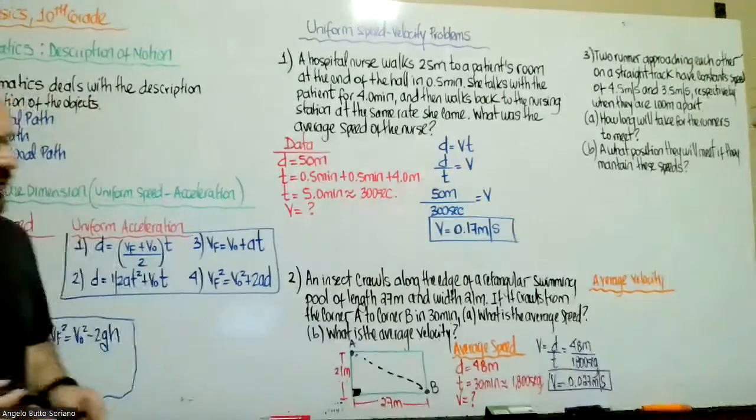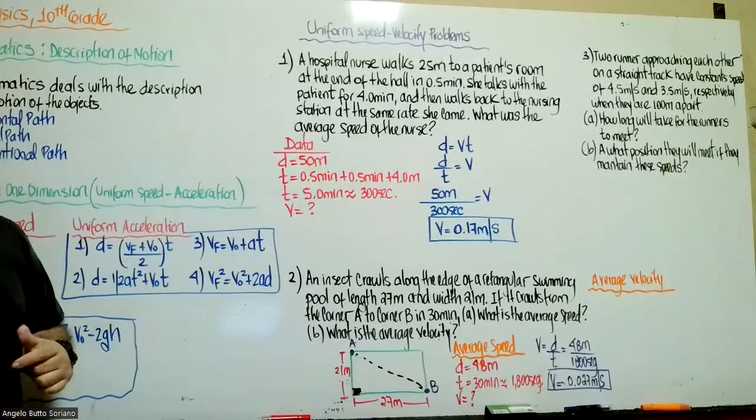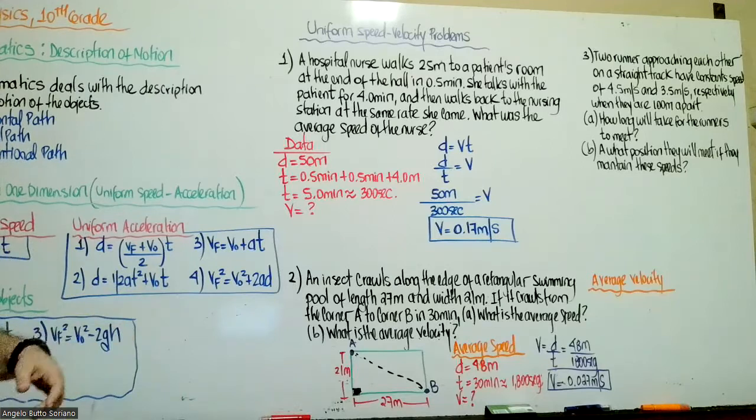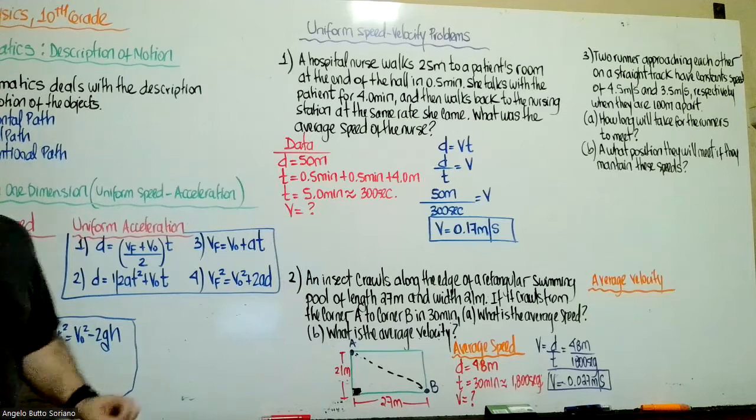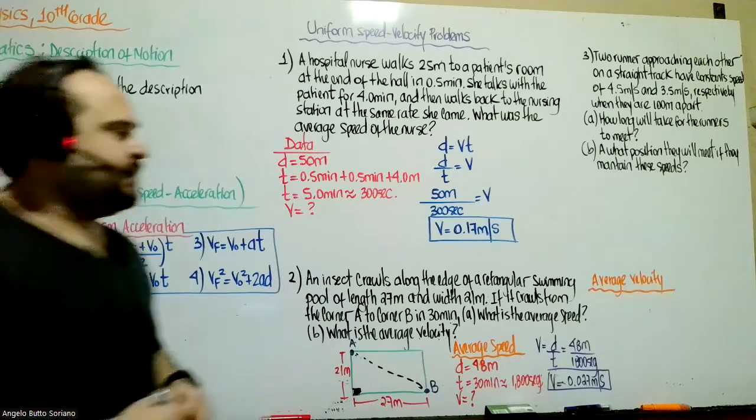creating the shape of a right triangle. All right. In the displacement, you cannot add horizontal distance and vertical distance like an algebraic process. For that reason, to determine the displacement, we must apply the Pythagorean theorem.